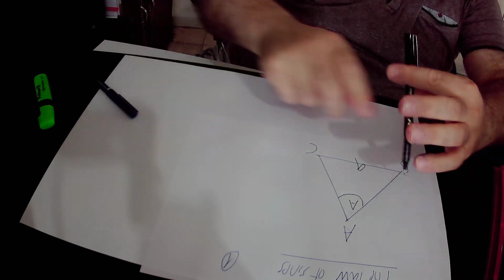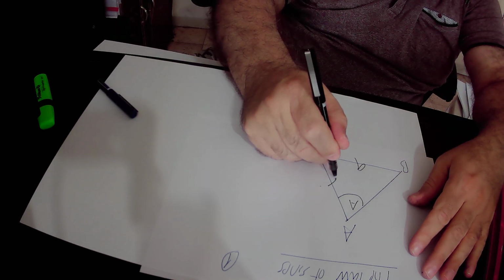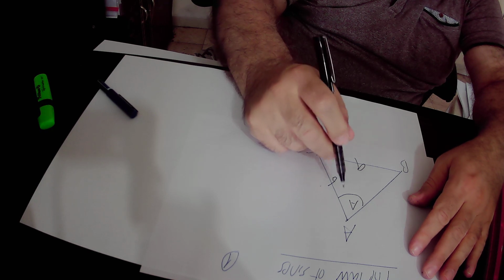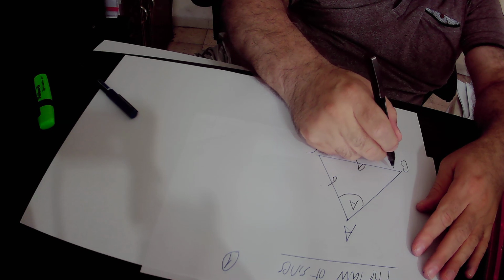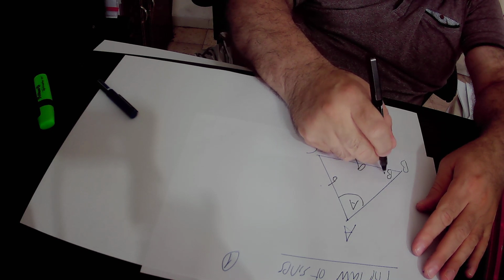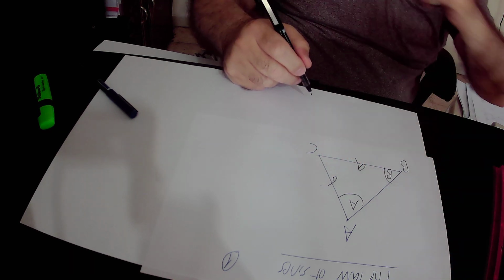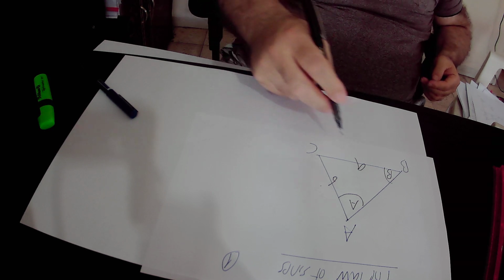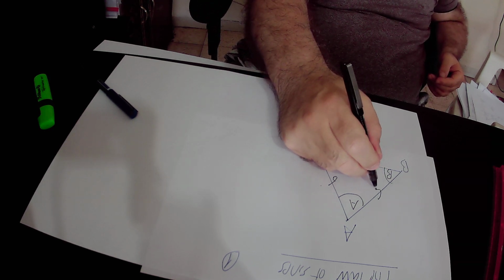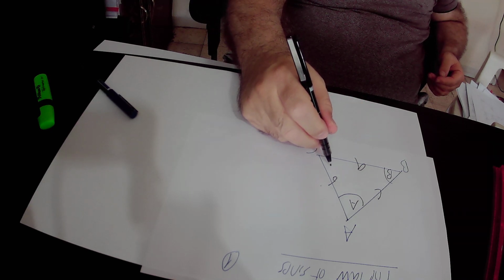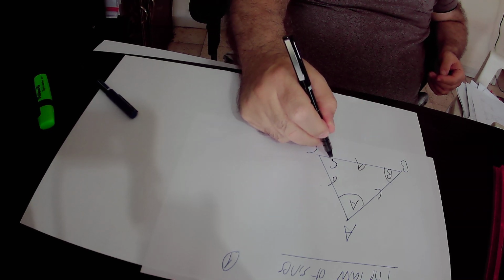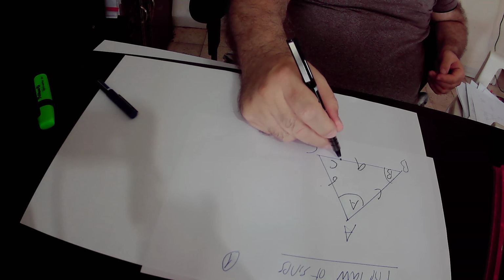Side AC equals b units. And angle ABC equals capital B degrees. And finally, side AB equals c units in its length. And the size of angle ACB is equal to capital C degrees.